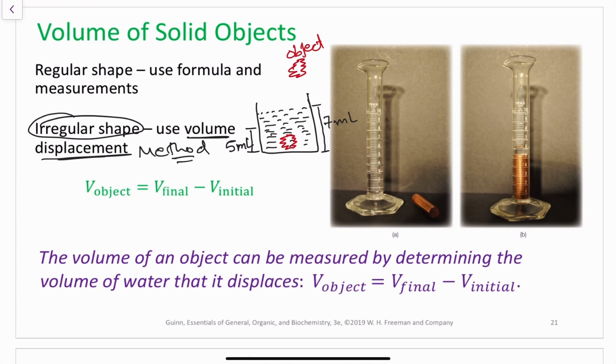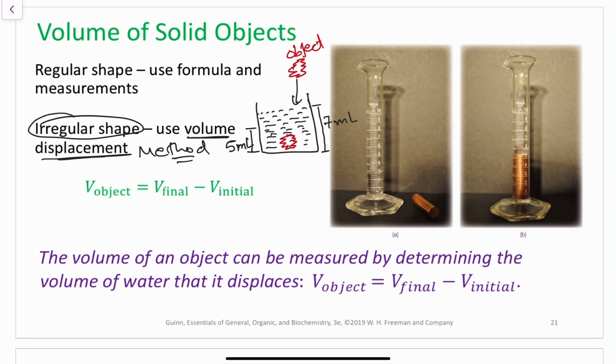So how would you know the volume of that object? According to the volume displacement method, the change in the volume of the liquid after you drop the solid object is equal to the volume of that object. How much did the volume change when you dropped the solid object?